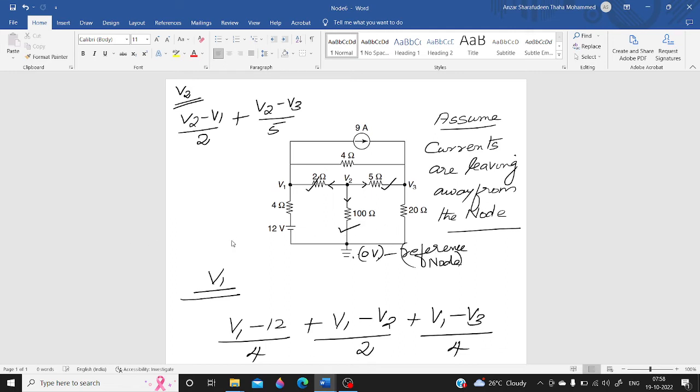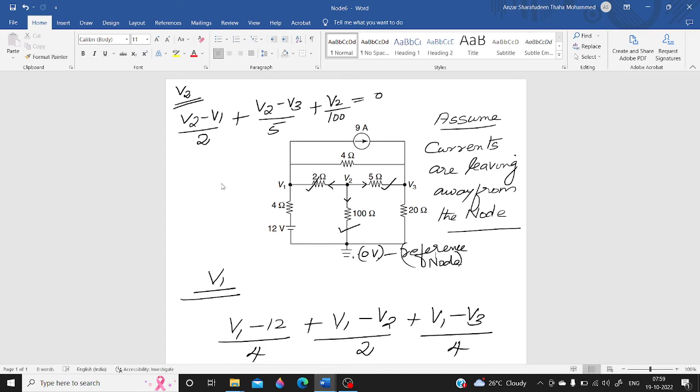And now let me consider this. This potential is at 0, so V2 is at higher potential, so plus V2 by 100 is equal to 0.